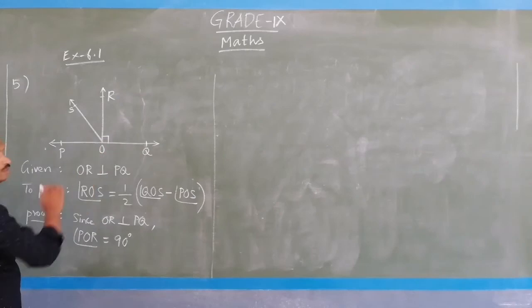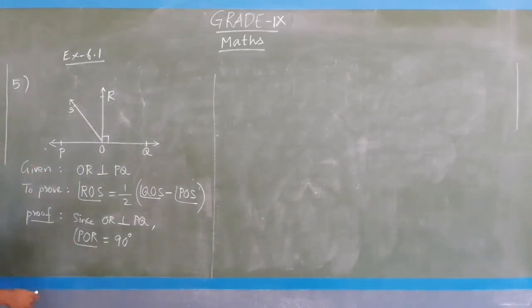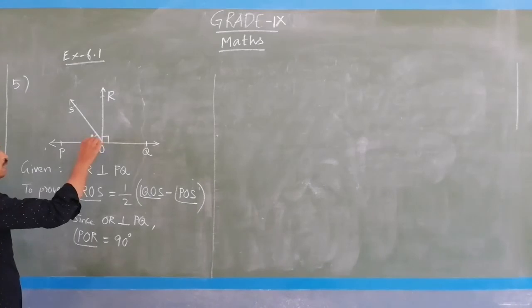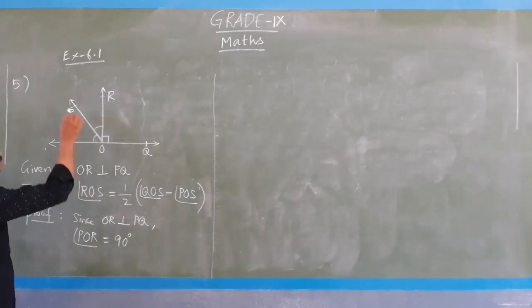So angle POR is 90 degree, but angle POR we can split into a sum of two. What are they? This one angle and this is another angle. So, POS and ROS.